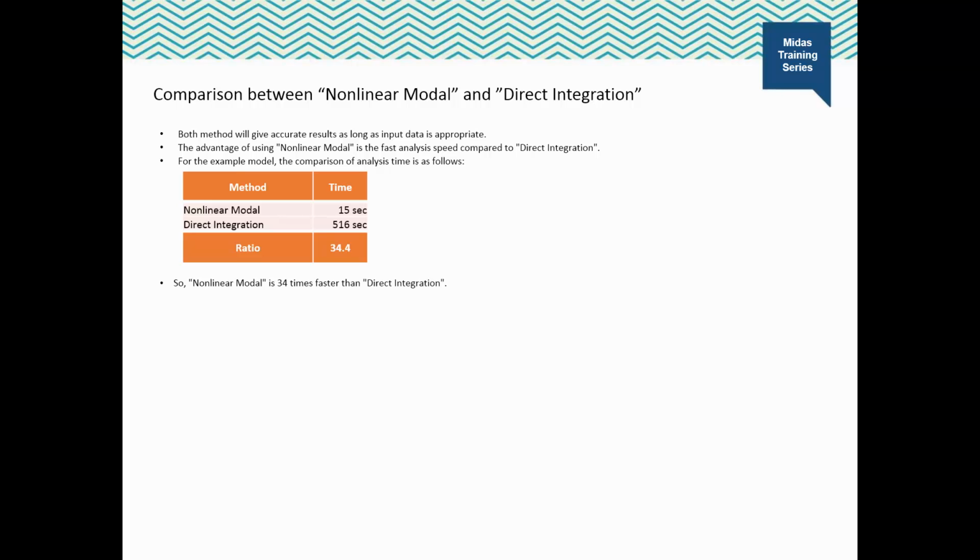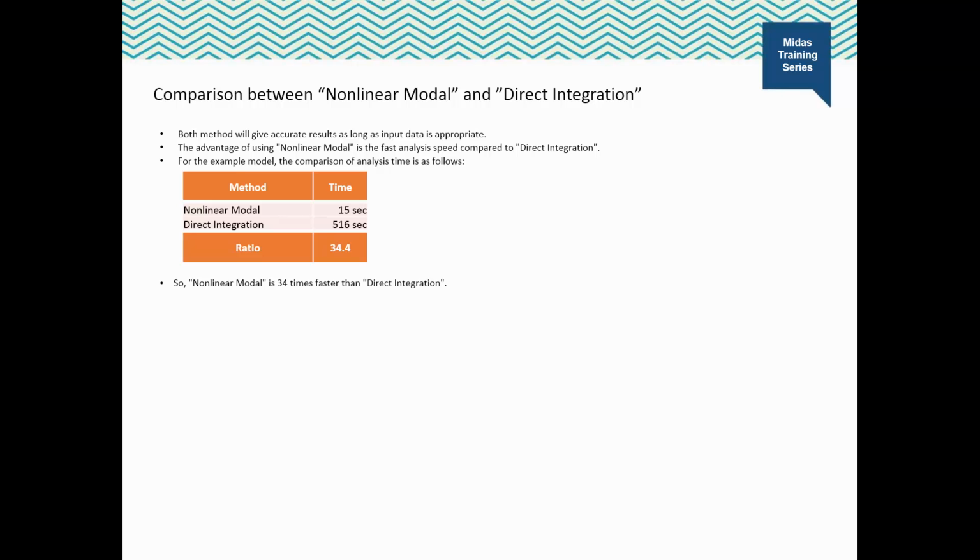Now comparing the above two methods from the perspective of speed and accuracy, we will obtain the results presented on the slide above. Both methods will give accurate results as long as the input data is appropriate. The advantage of using modal superposition is that it is very fast, and the analysis time as compared to the direct integration method is very less.